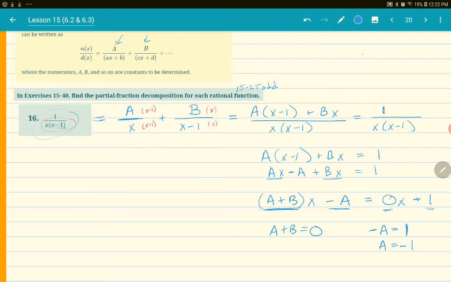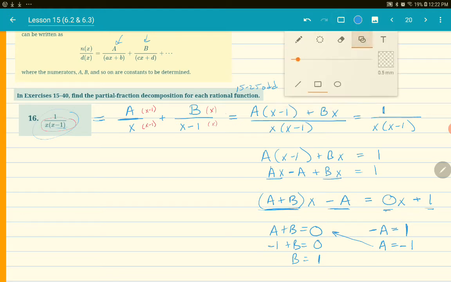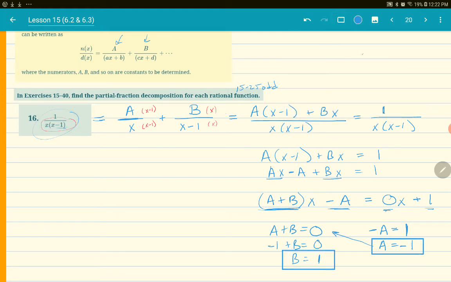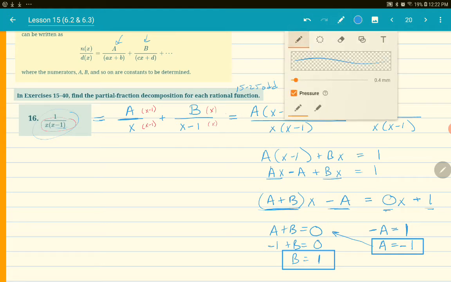So if a is negative 1, then plugging that back into the other equation gives me that b equals 1. So now I take that a and that b and plug them back into my original setup, the setup like we did in 7 through 10.